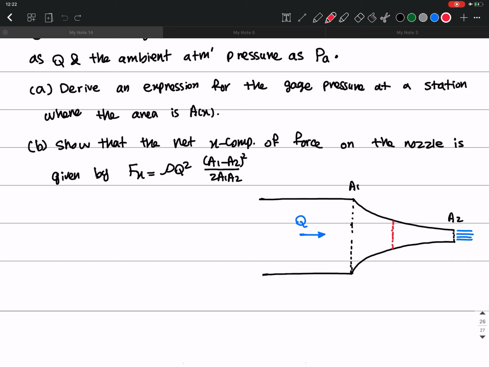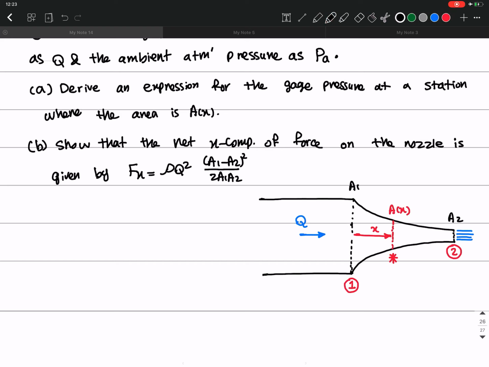This distance is x, and the area of the nozzle here is Ax. I name this location A star. And here is section 2, and here is section 1. So this is how I name it.